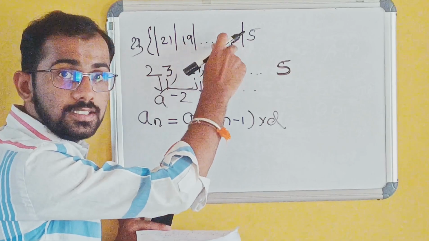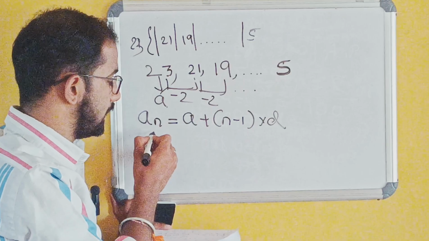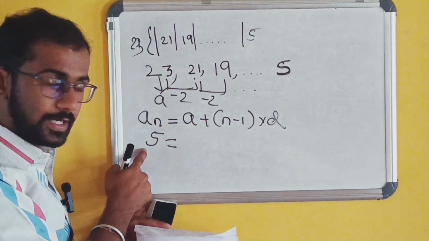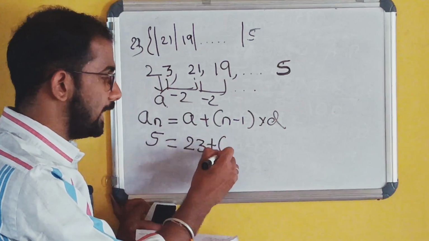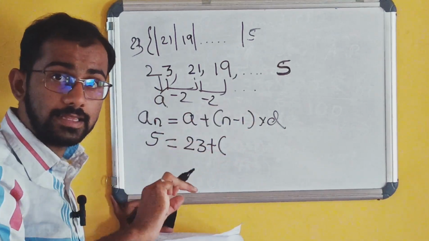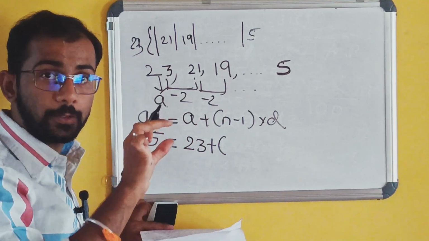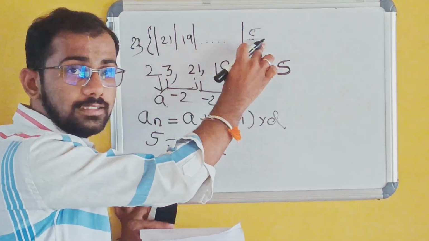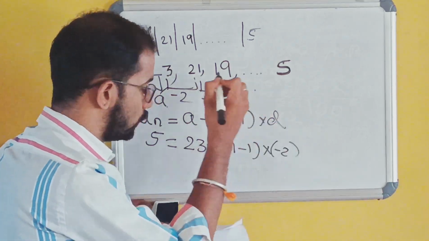In that position, there are 5 flowers, that is, the last term is 5. The first term a is 23. And n is the total number of rows in that flower bed from the first row to the last row. That is the task. Keep it as it is, and d is minus 2.